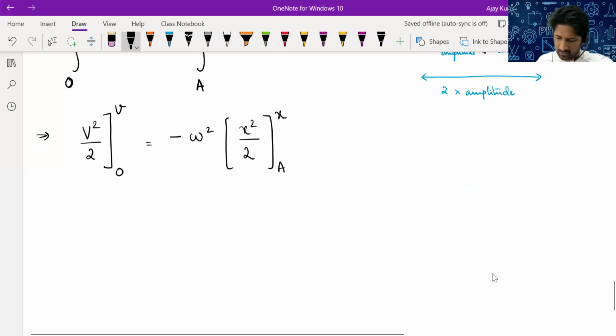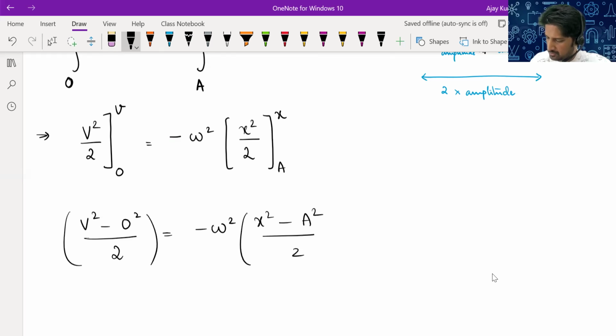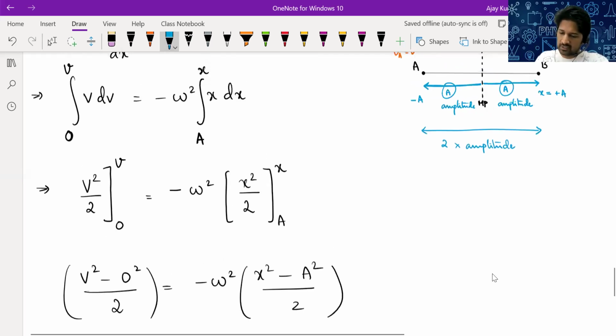Now you put the limits. You get V square minus 0 square divided by 2 is equal to, on the right hand side, omega square times x square minus A square divided by 2. Once you substitute the limit, it becomes A square, so it wouldn't have mattered whether you had taken plus A or minus A, because when you square it, it's ultimately going to become A square itself.